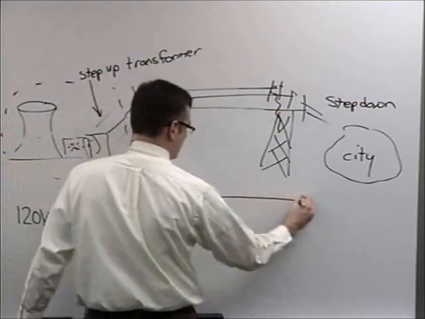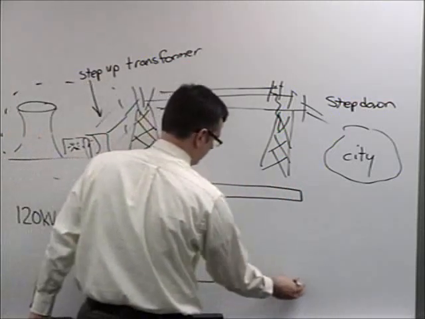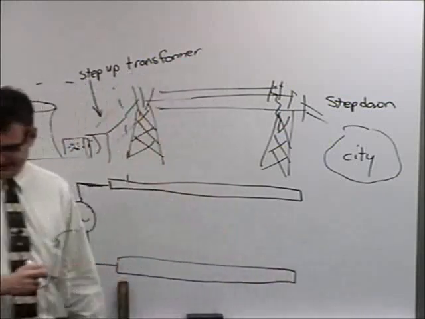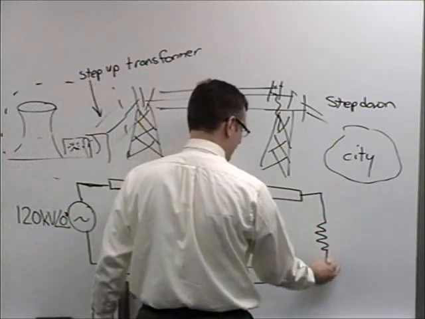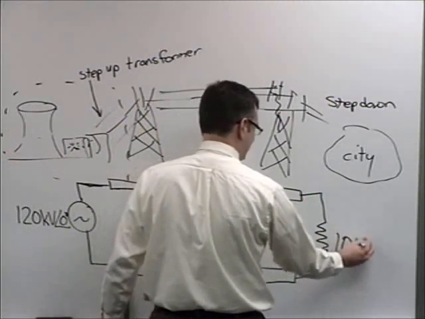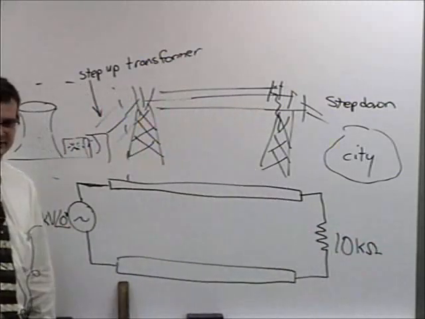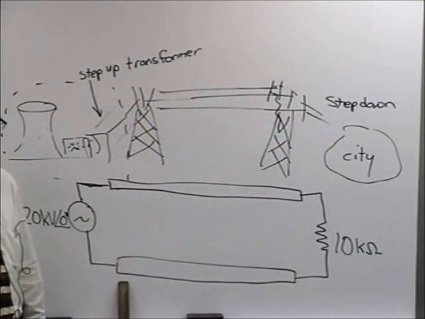I've got a transmission line. And what does the city look like? Well, for our intents and purposes, for our little modeling exercise, it's going to be a 10 kilo ohm resistor. That's what a city looks like to the power company, a resistor that you can charge money for.